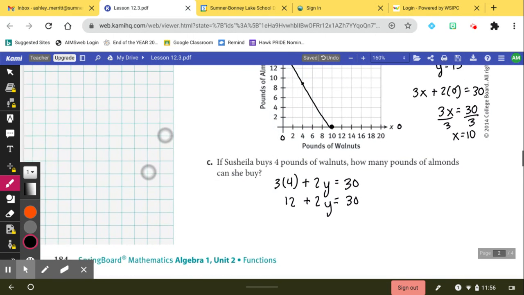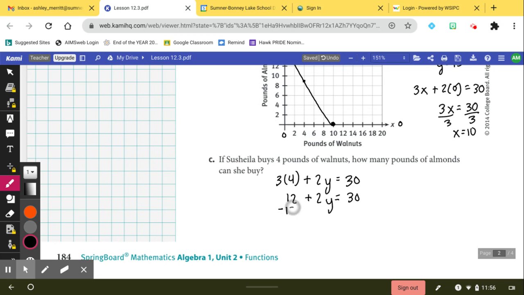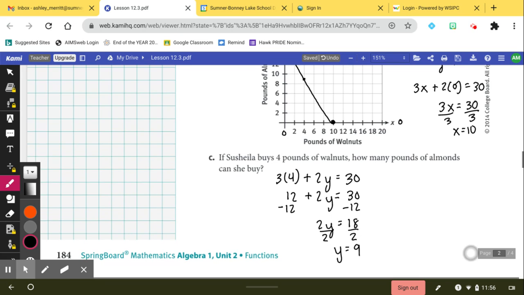Now it's just a two-step equation. I'm going to subtract 12. 2y is equal to 18. Divide both sides by 2. y is equal to 9. So she could buy 9 pounds of almonds.